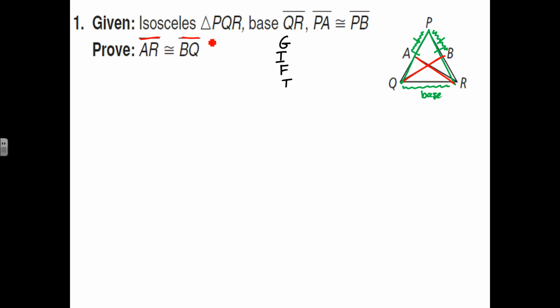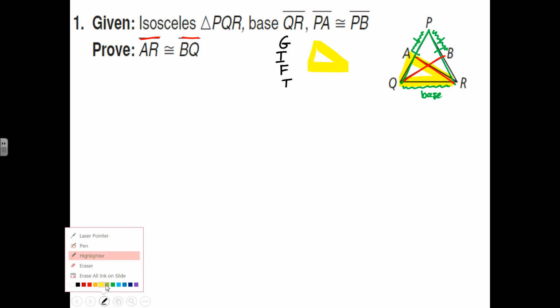Now, do you see you have overlapping triangles? This is the tricky part. Whenever you have overlapping triangles, the first thing you should do is pull them apart. It is a lot easier to work with these if you pull them apart.